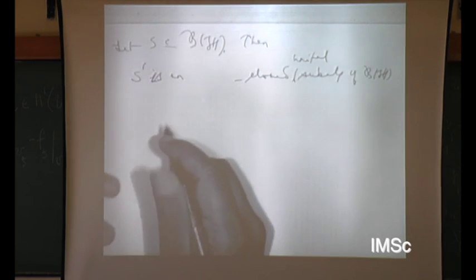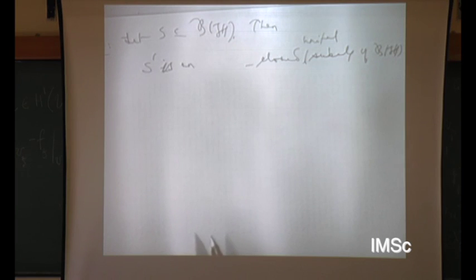By norm closed, what you are saying is that if x_n prime converges to x prime and x_n prime is in S prime, then x prime must also be in S prime. Do you need norm convergence for that?